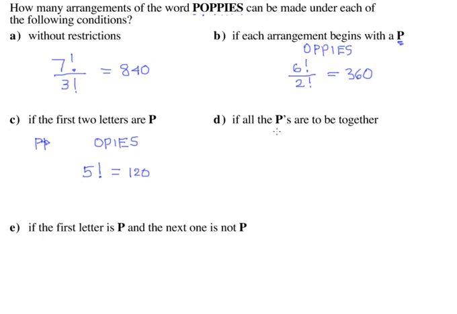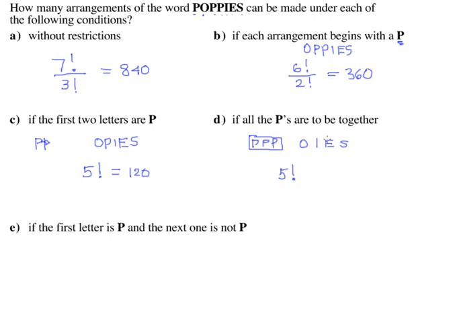If all the P's are together, now they aren't saying they're out front, they're just saying they're together. Now we have the P block, and then we have O, I, E, S. So we have 5 things to arrange. And I hope you're thinking about internal arrangements right now, because that's what normally happens when you have a block like this.